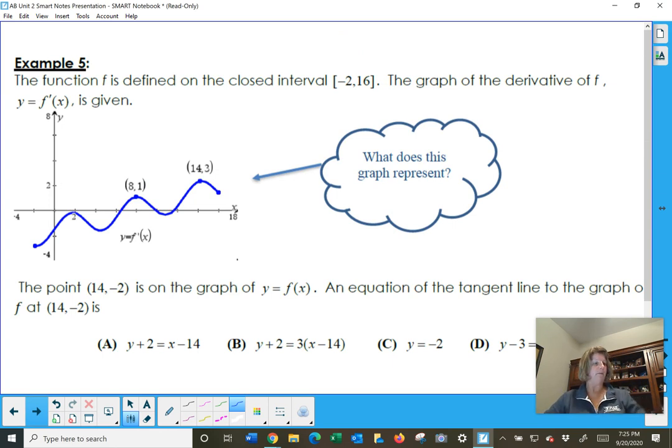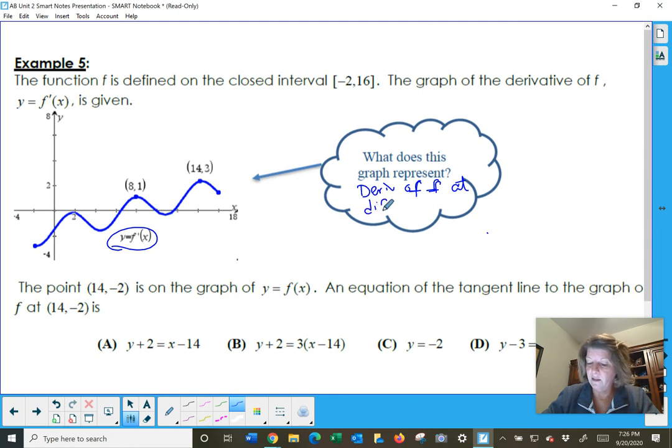Example 5, we got 2 to go. The function f is defined on the closed interval -2 to 16. The graph of the derivative y equals f prime is given. So we're looking at the derivative graph. What does this graph represent? The derivative of f at different x values, right?